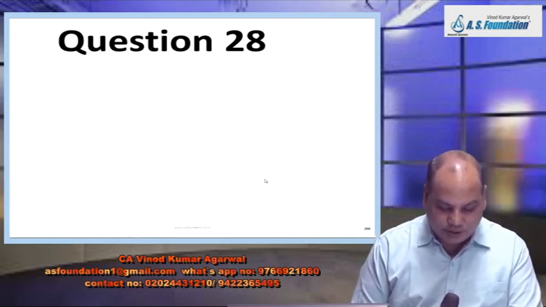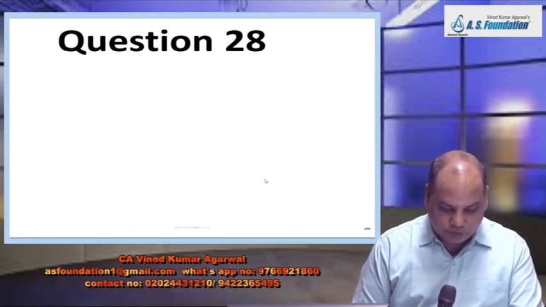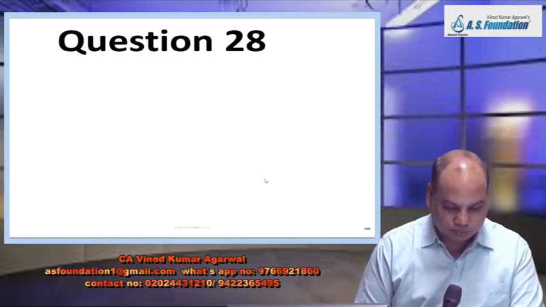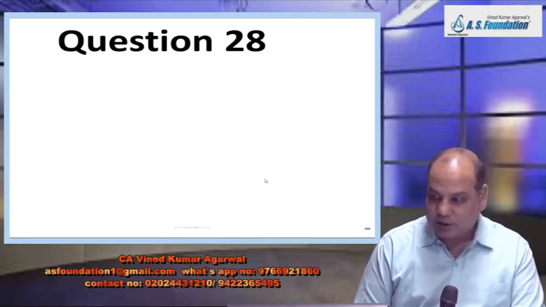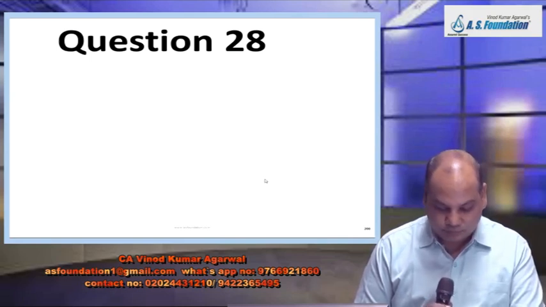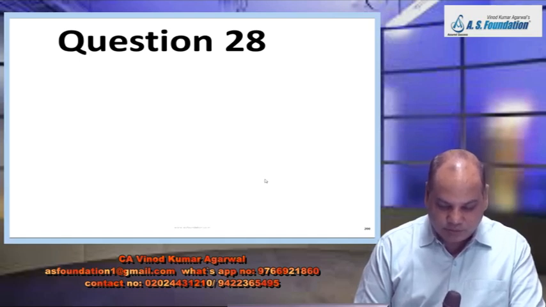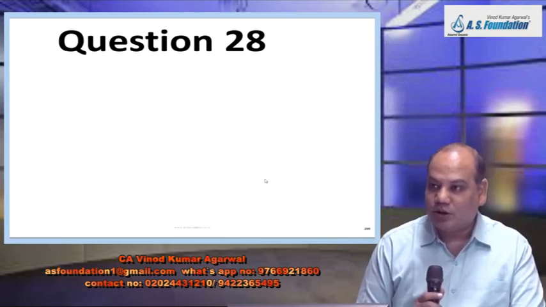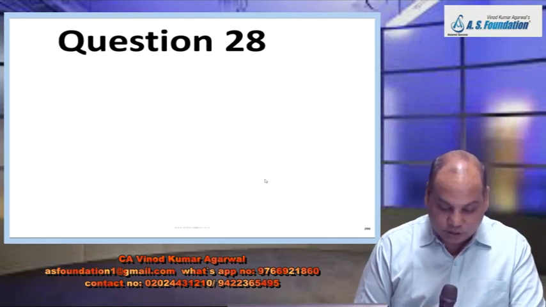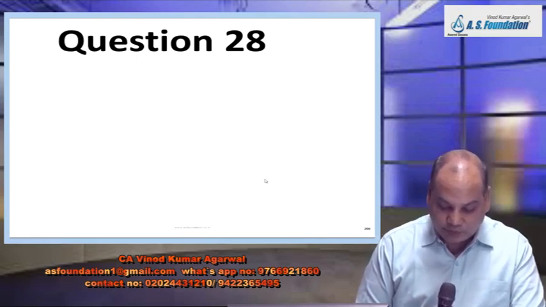P acquired 75% of S on 1st July 2015 when the balance in S retained earning was 1150. 1st July 2015 means how many years are over? Almost 3 years are over. Because the date of SOFP is 30th June 18. And this is pre-acquisition retained earning 1150.